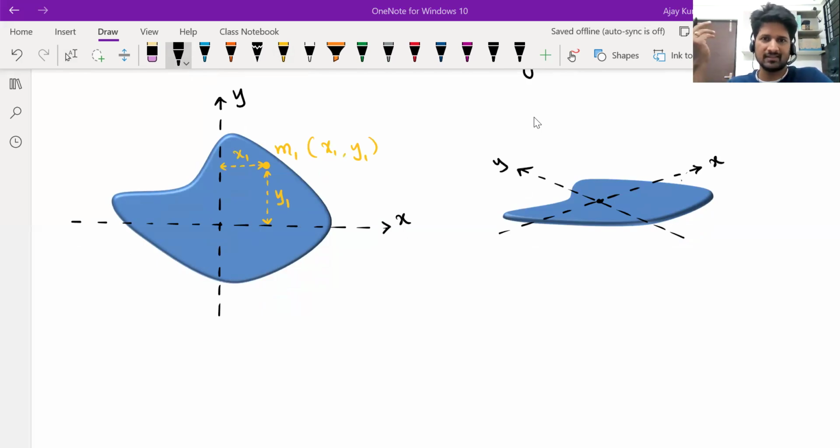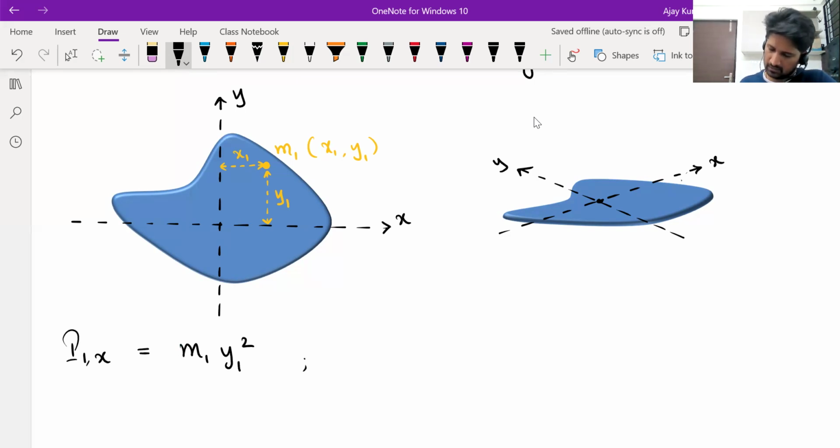It's a basic question only, no? So you have to think, what is the basic formula for moment of inertia of a particle? It is m r square, mass multiplied with square of distance from the axis. So you have to see how much is its distance from the x-axis, and that is nothing but y1. So its moment of inertia about x-axis becomes m1 y1 square.